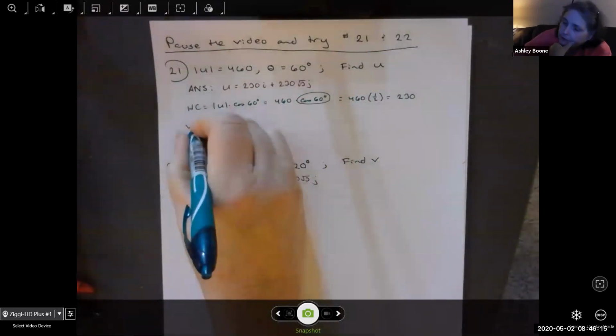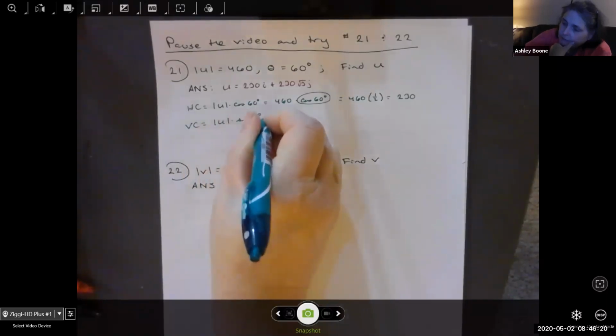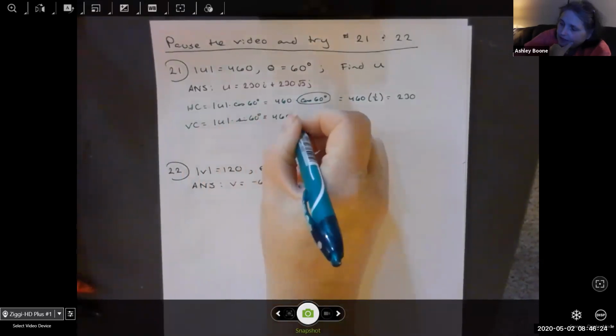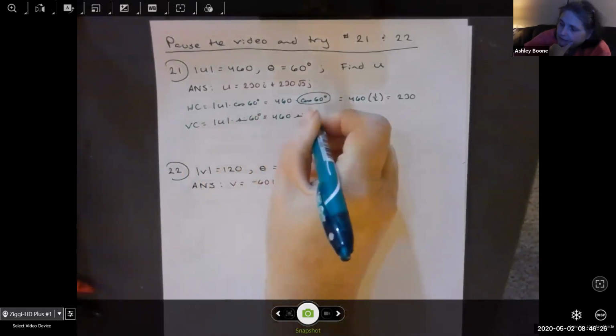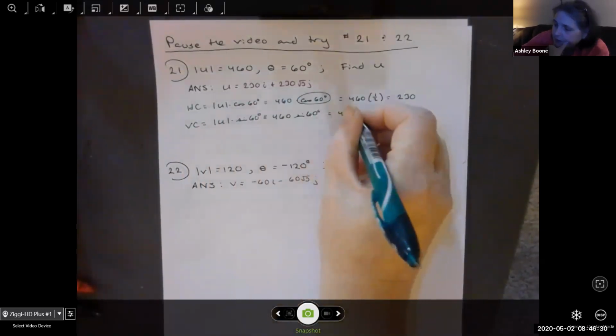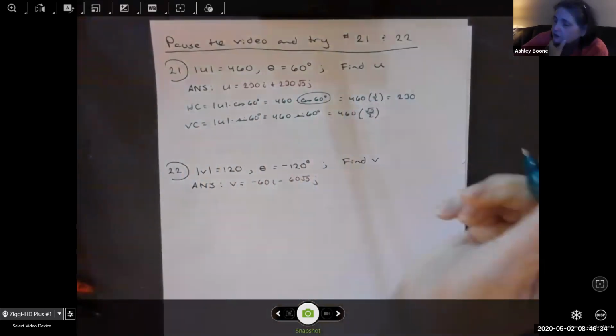Our vertical component is magnitude times the sine of the angle. At 60 degrees, the sine of the angle is positive square root of 3 over 2.